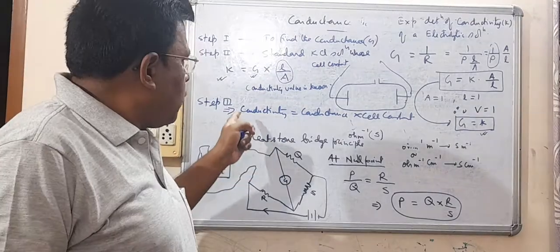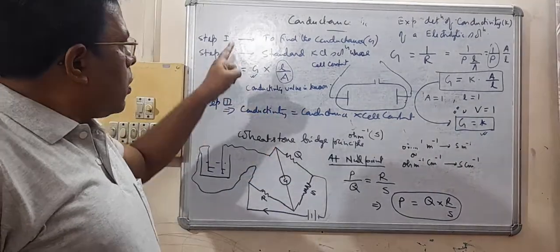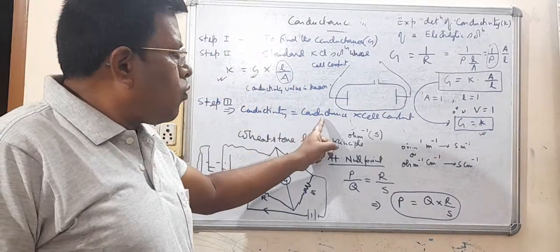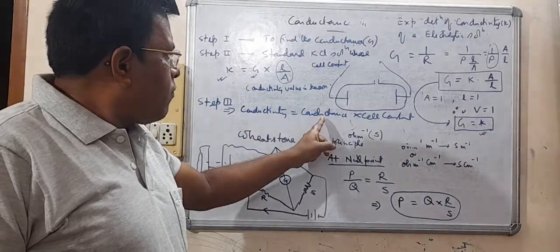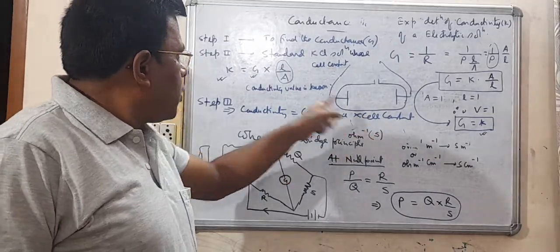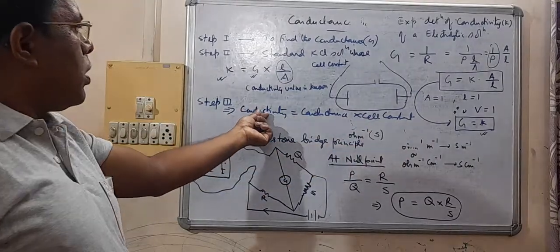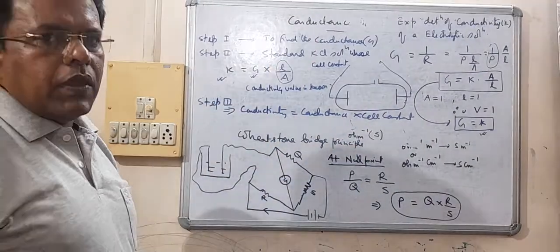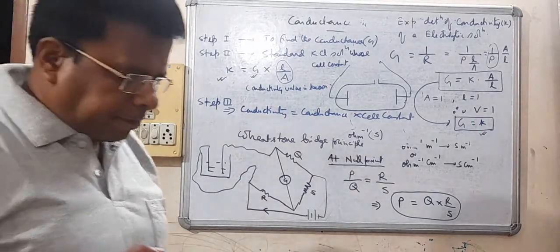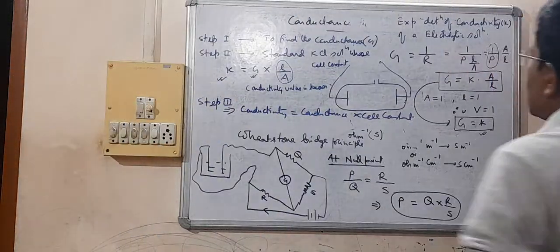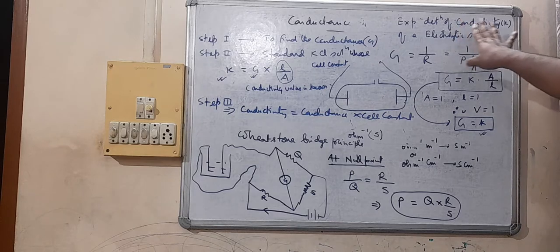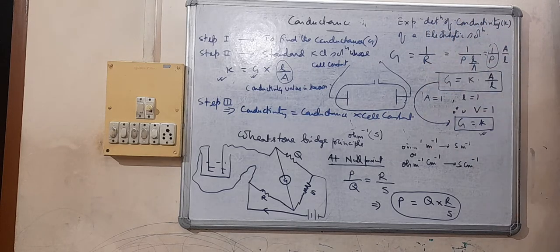Now for the given solution, in step 1 we have found the conductance. In step 2 we got the cell constant, so we get the conductivity of the given solution. So in this way we determine experimentally the conductivity of an electrolytic solution.